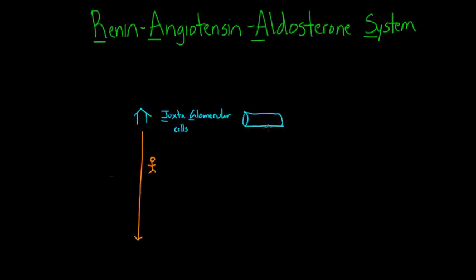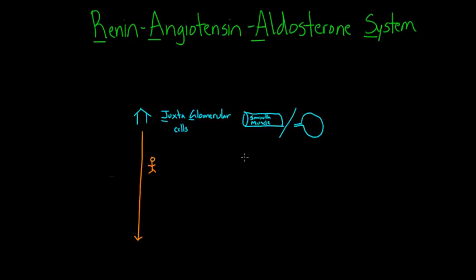And if you look closely, these JG cells are nothing more than very special smooth muscle cells. So I'm going to write smooth muscle just to remind you of where they are. And of course, these are in the kidney. So here's my little kidney. It may not look like a kidney, but that's what it's supposed to be.